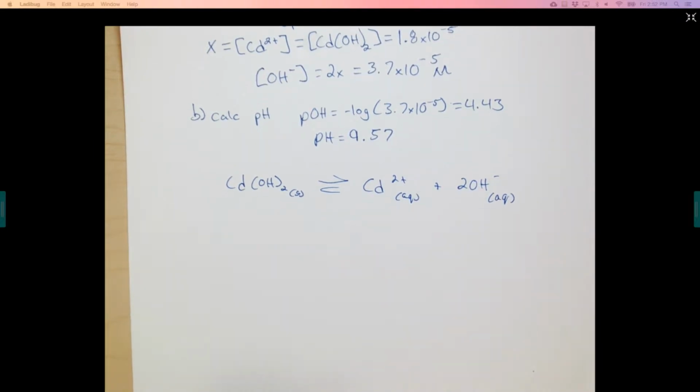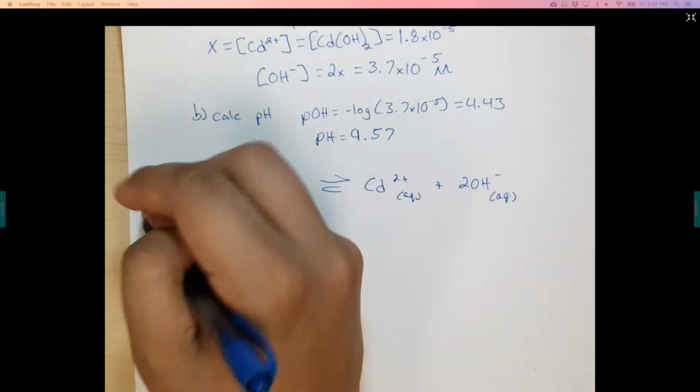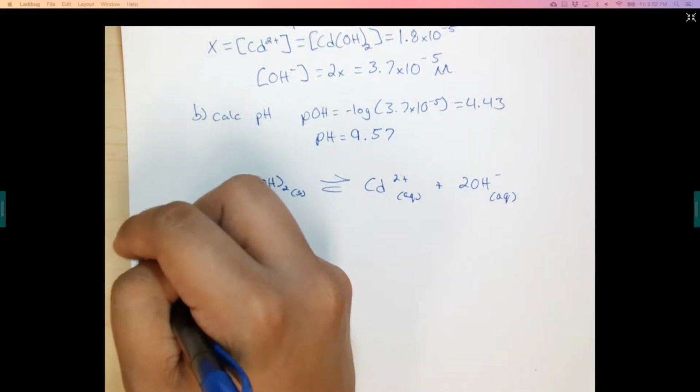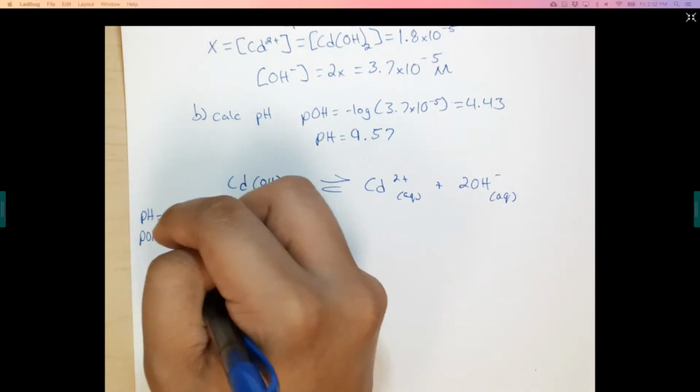So they're telling us that the pH of the buffer is equal to 9. Therefore, the pOH is equal to 5.